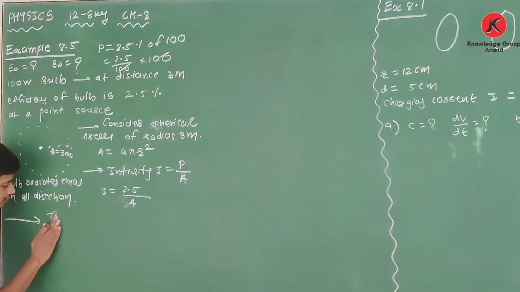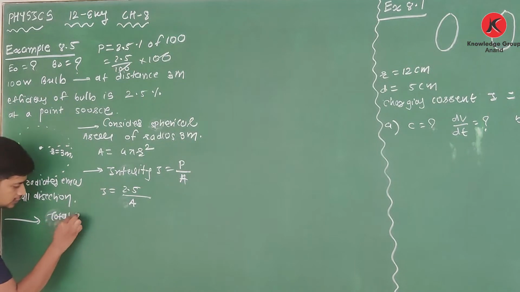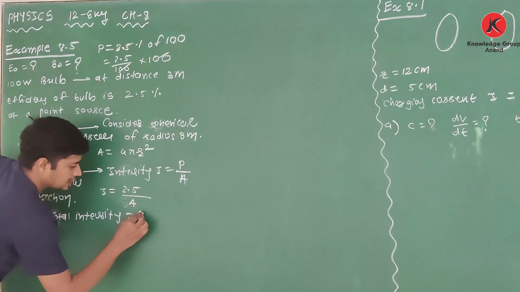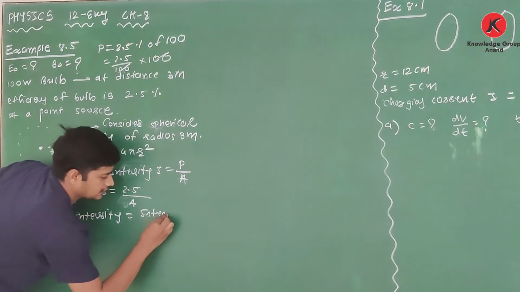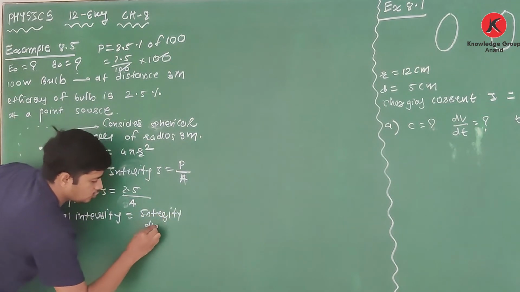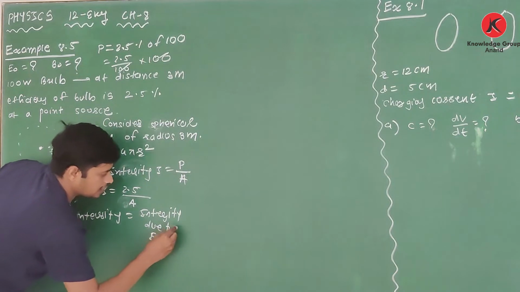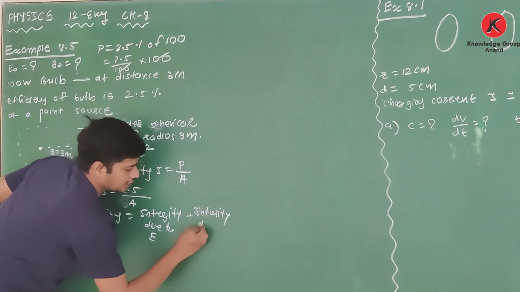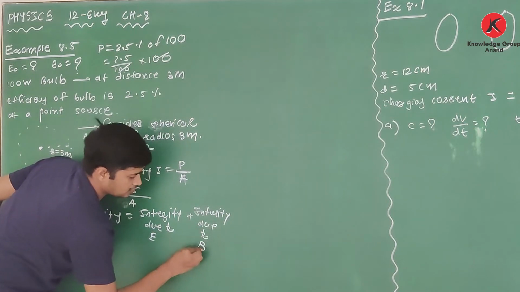Total intensity means intensity due to electric field plus intensity due to magnetic field.